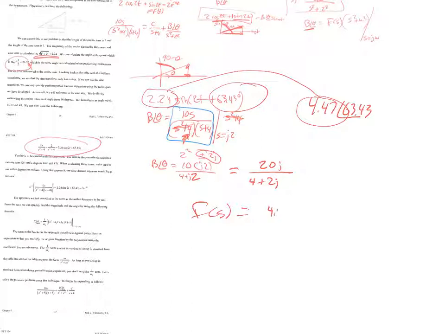We have 4.47 at an angle of 63.43, multiplied by 1 over s squared plus 2 squared, minus 2 over s plus 4. That's our original function. So that's what we have for b at an angle of theta, and c. Did I make a mistake? I should have 2.24, but I have 4.47. Where's my mistake?